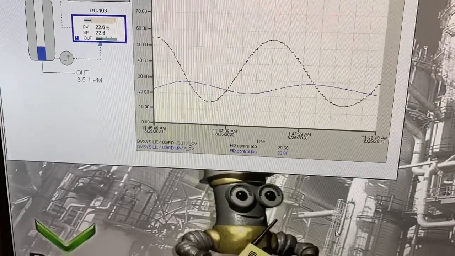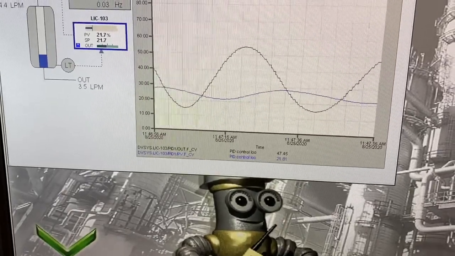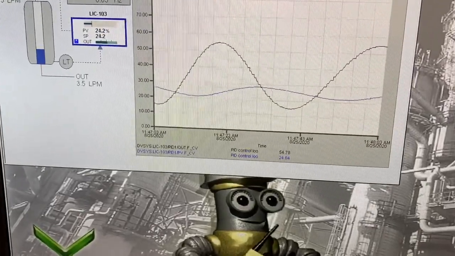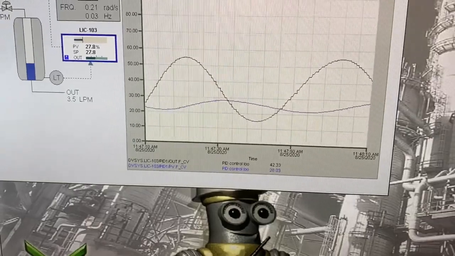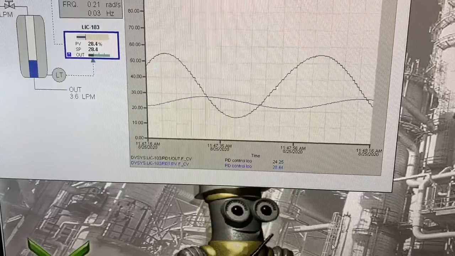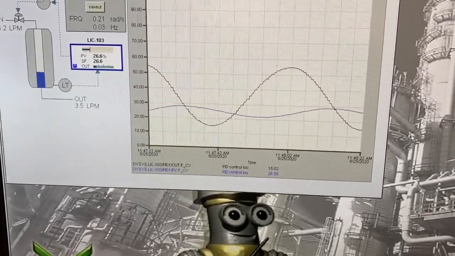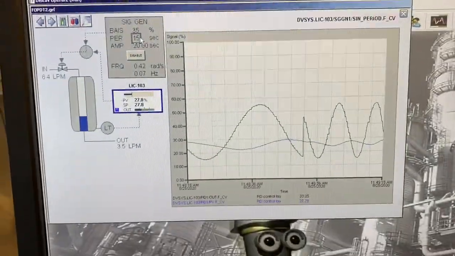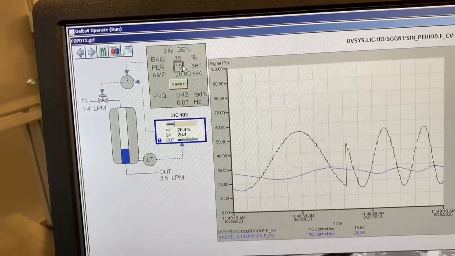We're at 21.74. Now we're climbing up again. And looks like about 28.1 for the 30-second period.